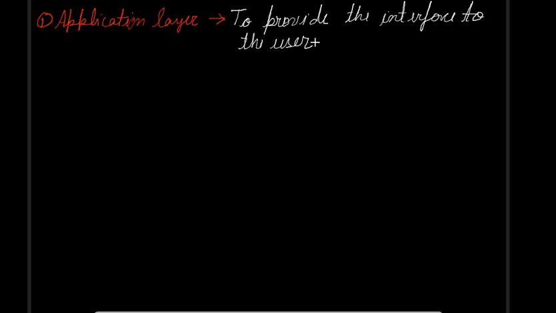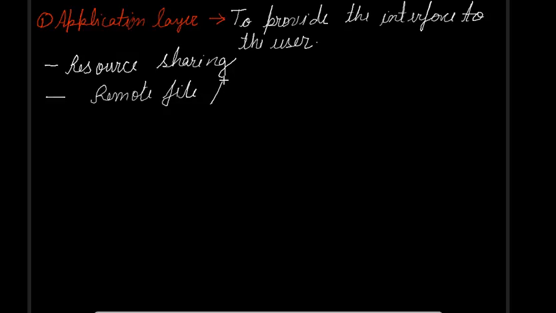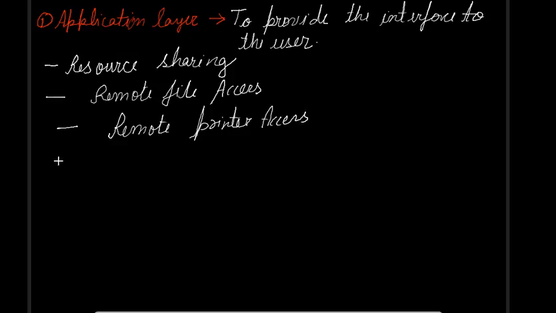So the application layer serves as the window for users and application processes to access network services. This layer consists of a variety of commonly needed functions such as resource sharing, remote file access, then we have remote printer access, directory services, etc. So the main use of the application layer is to provide the interface to the user.